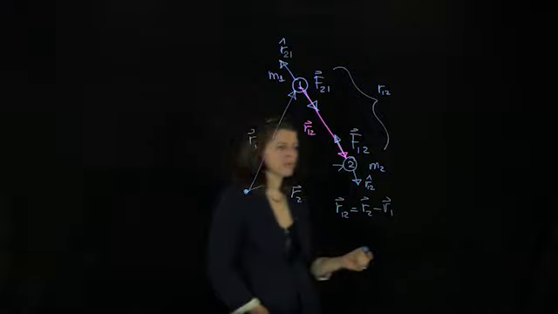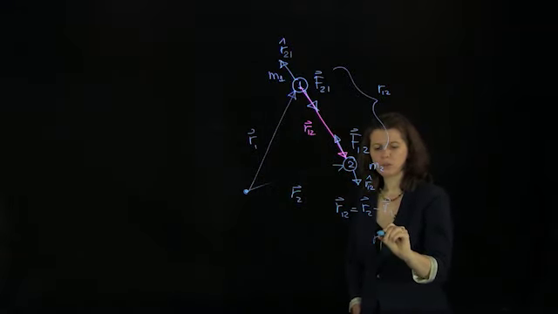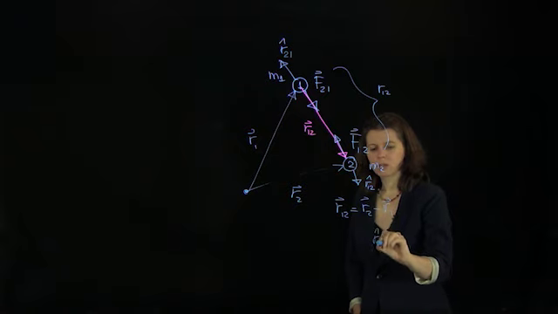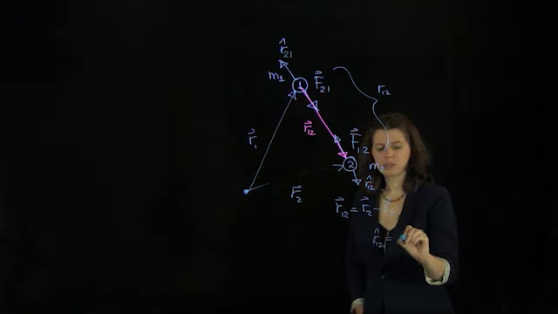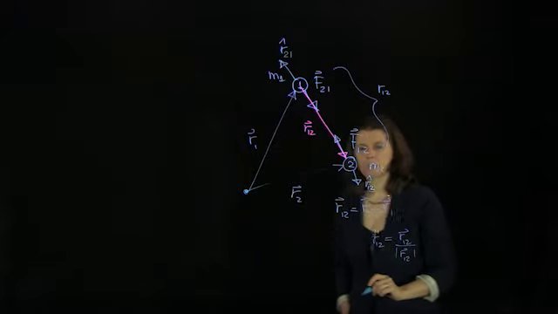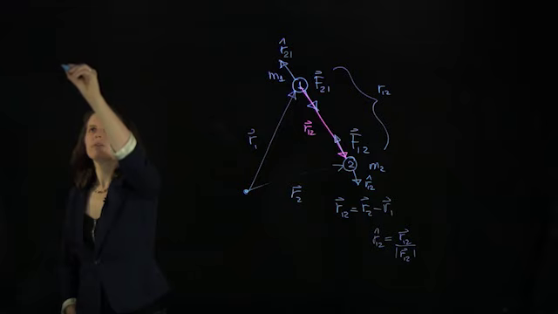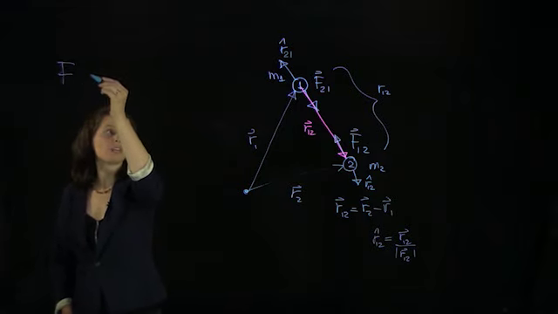For now, we can just quickly write down the definition of a unit vector. So our r-hat 1, 2 is, of course, the vector itself, r1, 2, divided by the magnitude of the vector. We can write it like this. And now we can write down the gravitational law.